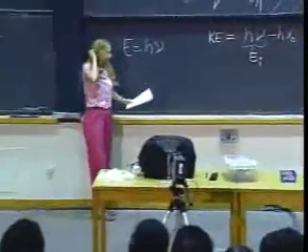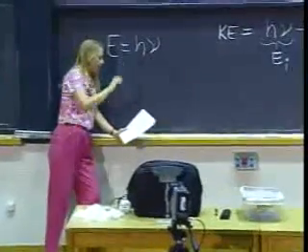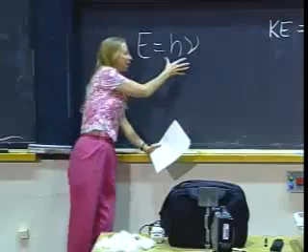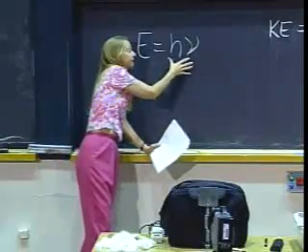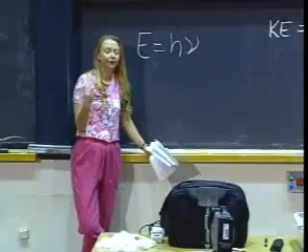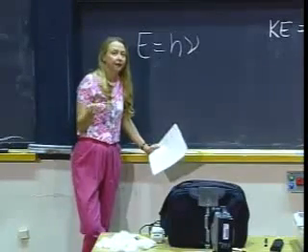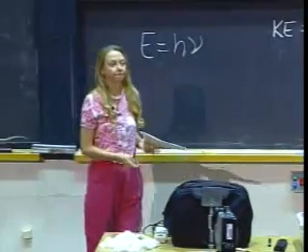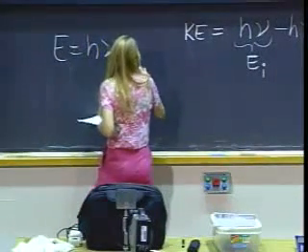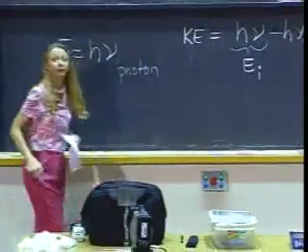And what E equal h nu ended up being thought of is as a particle of energy, as a packet of energy, as a quantum of energy, as eventually it's going to be called a photon, right?